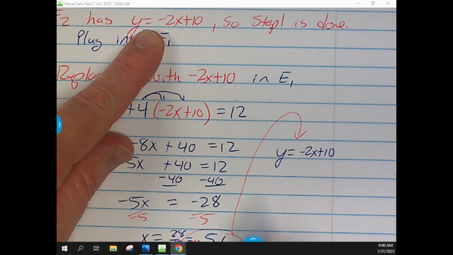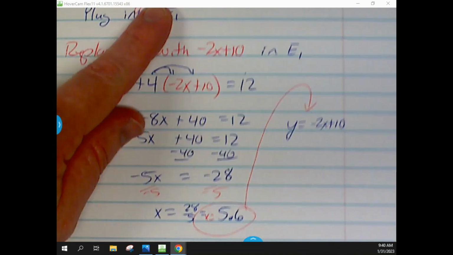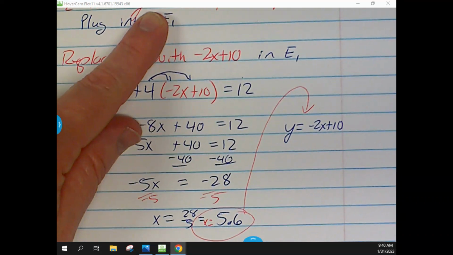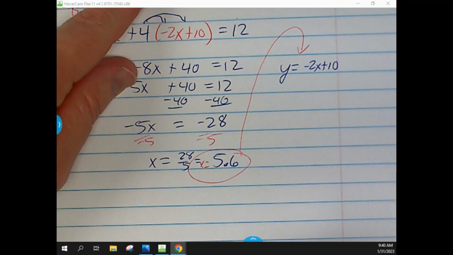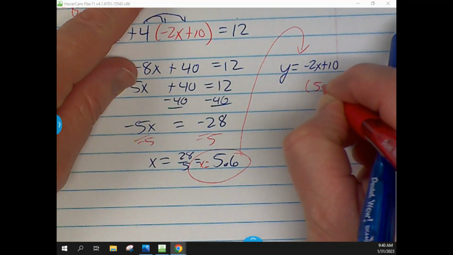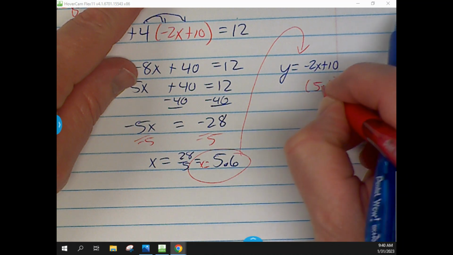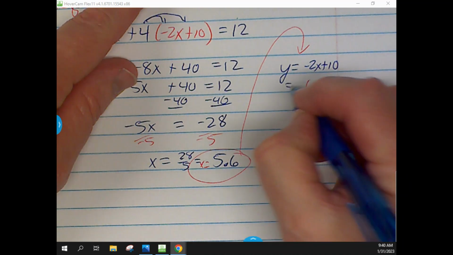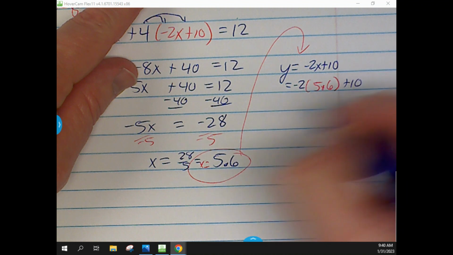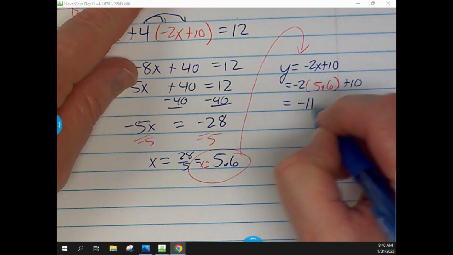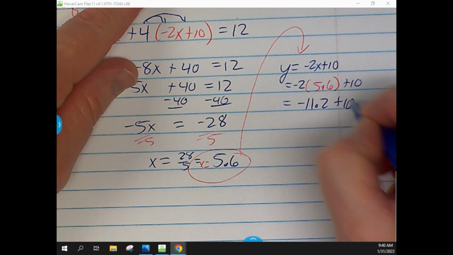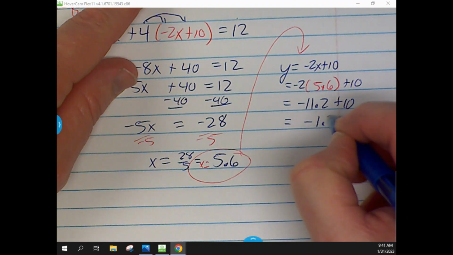And we're going to plug in this 5.6 for x here. So that's going to be negative 11.2 plus 10. So that's going to be negative 1.2 for y.